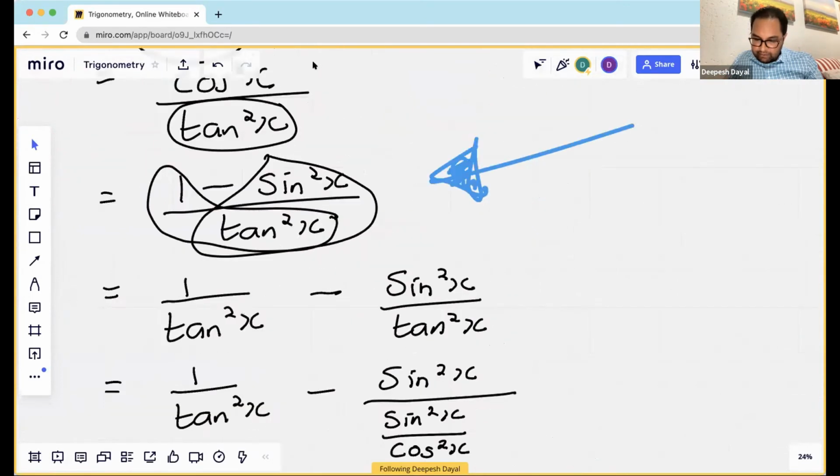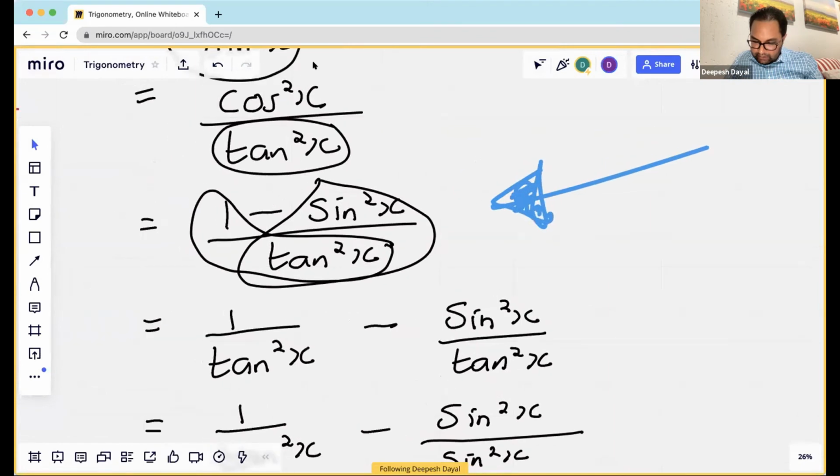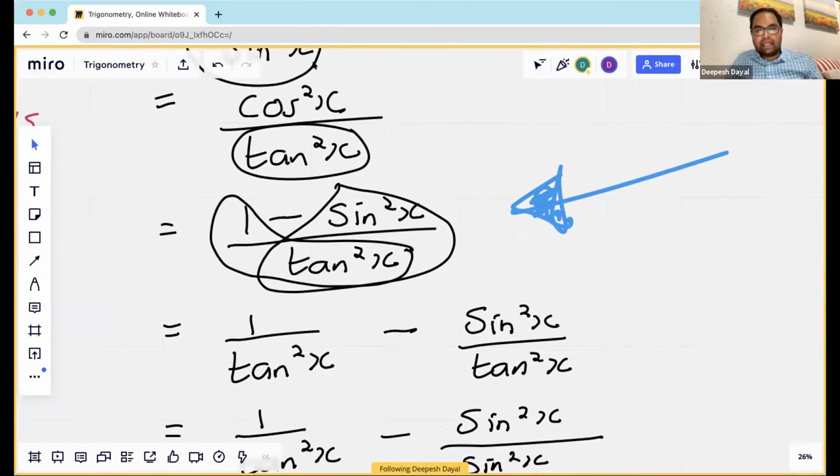So 1 minus sine squared x over tan squared x becomes 1 over tan squared x minus sine squared over tan squared, right? It's very handy to use that. So this kind of step is very important. But other than that, we use our normal identities, our sine squared, cos squared, and then tan is sine over cos. Tan squared equals sine squared over cos squared, right?